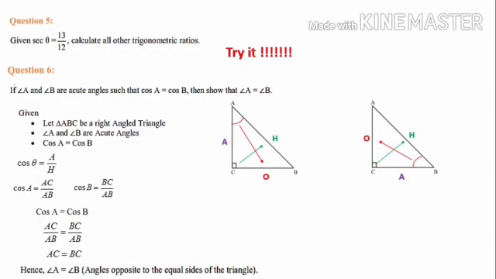So BC's opposite angle is angle A and AC's opposite angle is angle B. So angle A and B are equal. The reason is angles opposite to the equal sides of the triangle.